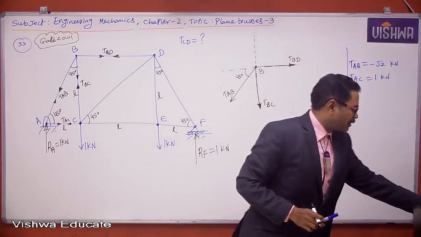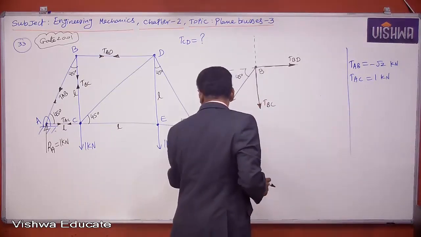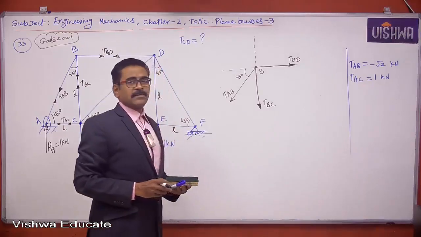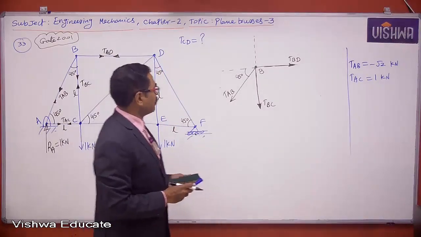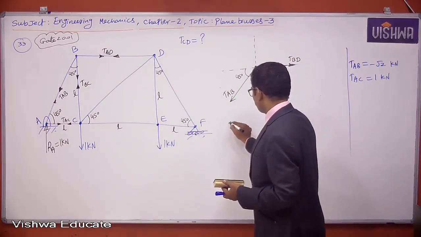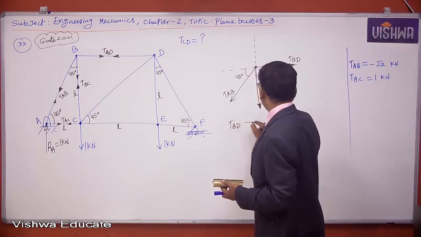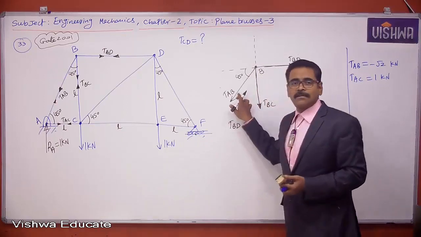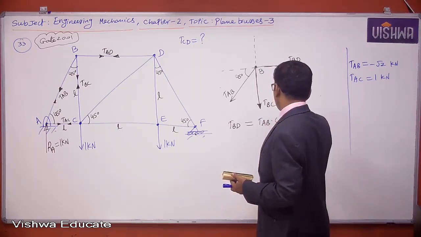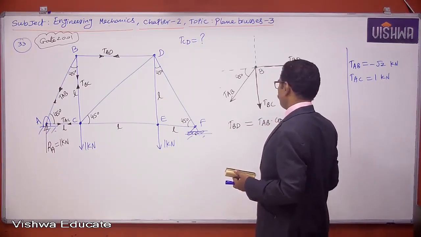Since joint B is in static equilibrium, the sum of rightward forces equals the sum of leftward forces, and the sum of downward forces equals the sum of upward forces. What is the sum of rightward forces? There is only one rightward force, that is TBD. And what is the horizontal component of TAB? TAB cos 45.